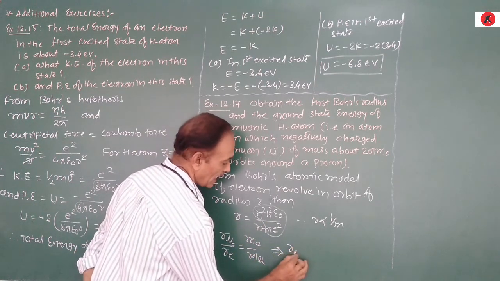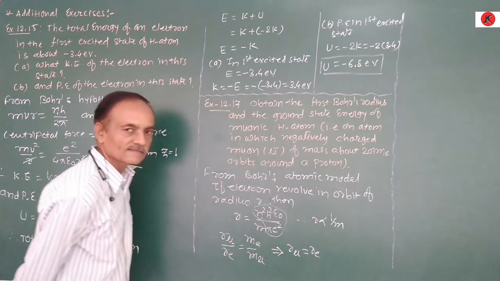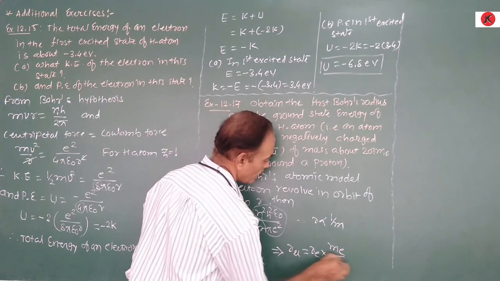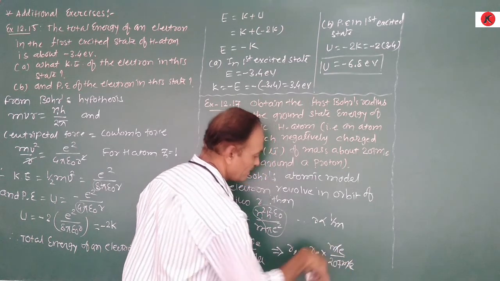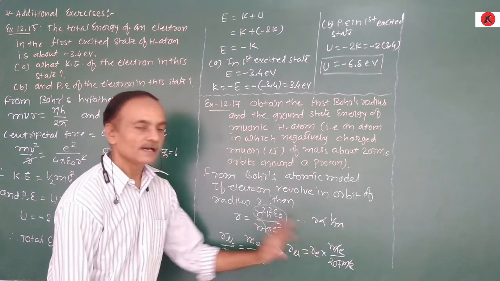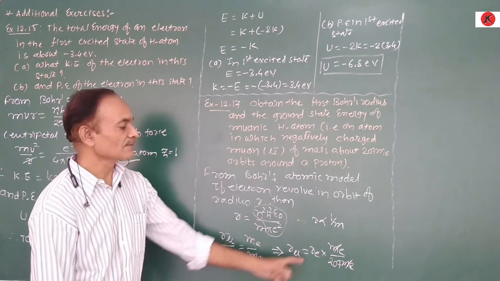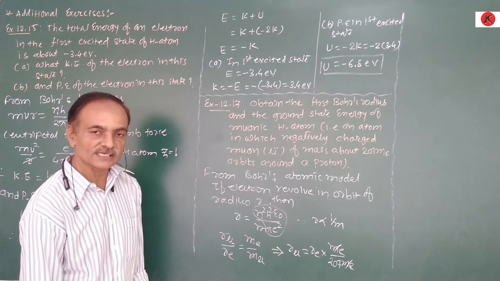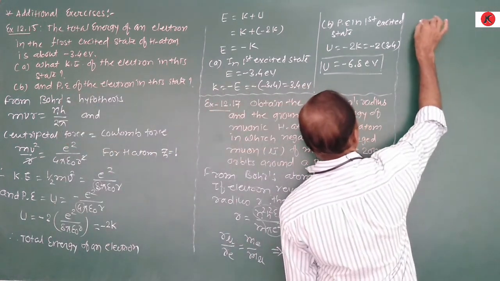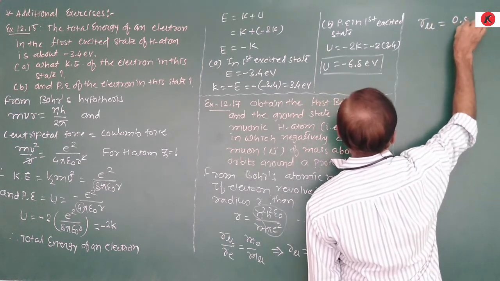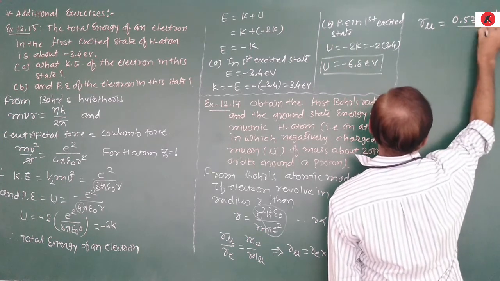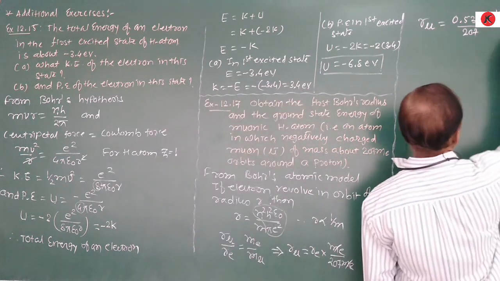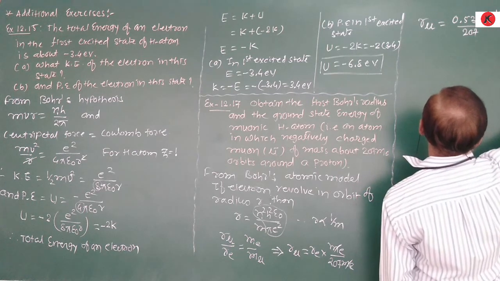From this equation, R mu is equal to Re into Me upon 207 Me, and Me cancels. The radius of the electronic atom is the Bohr's radius, which we already know is 0.53 into 10 to the minus 10 meter. Therefore, the radius of the muonic atom R mu is equal to 0.53 into 10 to the minus 10 upon 207, that means 2.56 into 10 to the minus 13 meter.